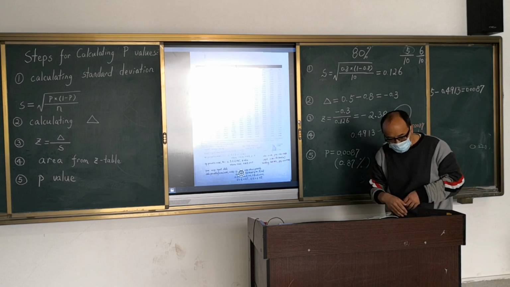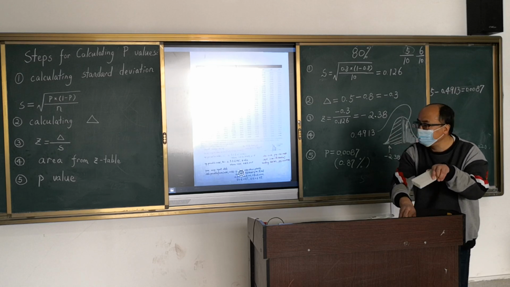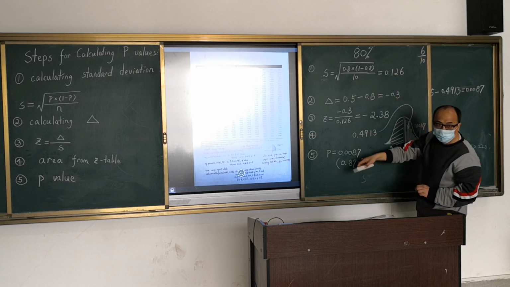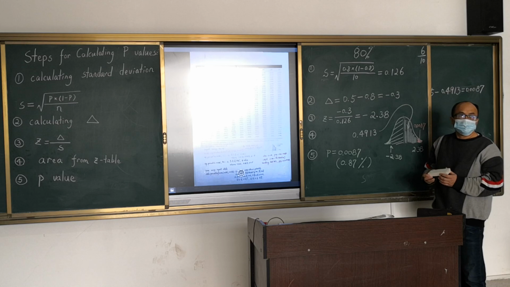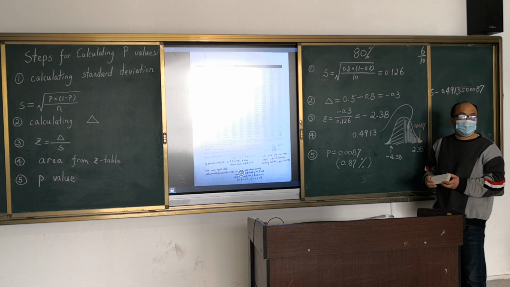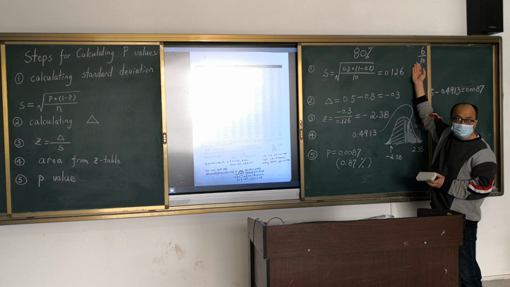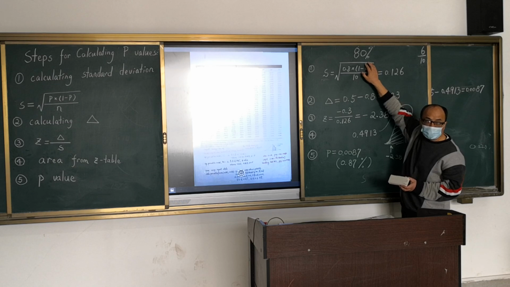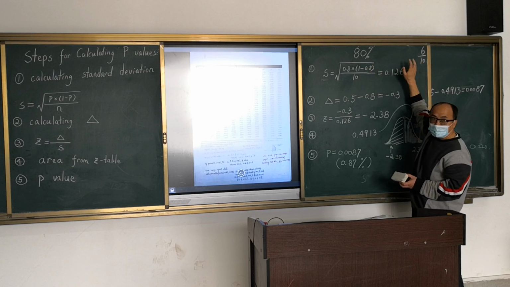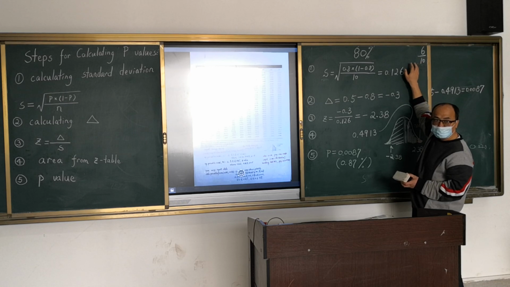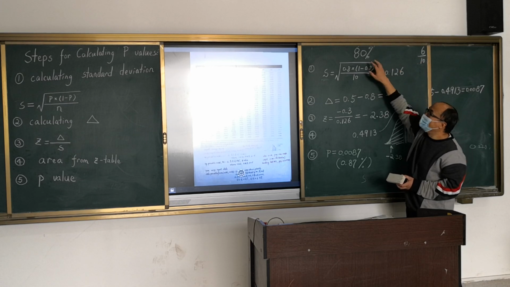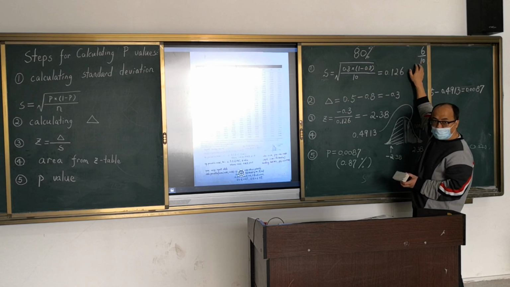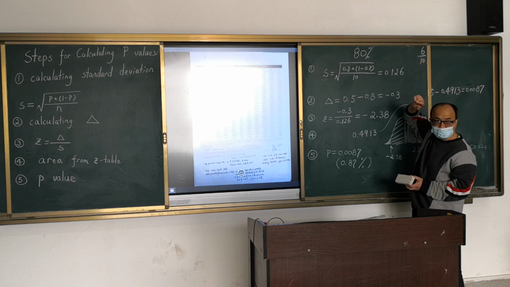Okay? Then you calculate the p-value. The p-value is the probability for an 80% shooter to accidentally have this performance. How much probability will he have this performance?